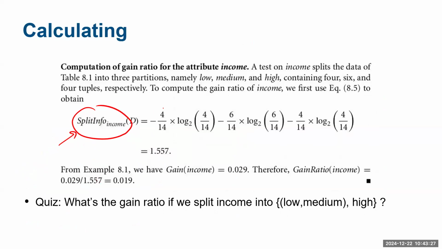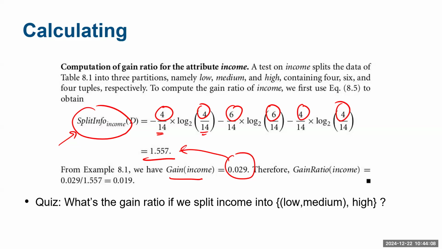So 4, 6, 4, and the denominator would be 14, the total sum. The split info basically measures how balanced it is between each of the child nodes, and then you get some number. Then you compute the gain for the income, and take the gain of the income divided by the split info.